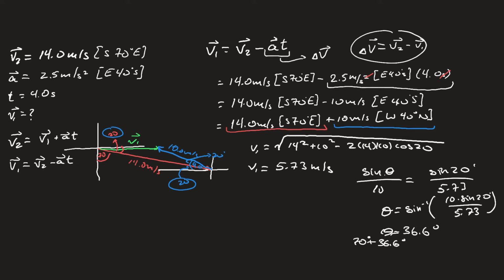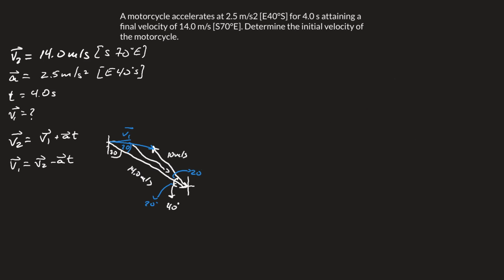And that's going to give me my angle relative east to north, so 16.6, which tells me that my final answer here is 5.7 meters per second, and we'll respect significant figures, east 17 degrees north, by using the sine law.